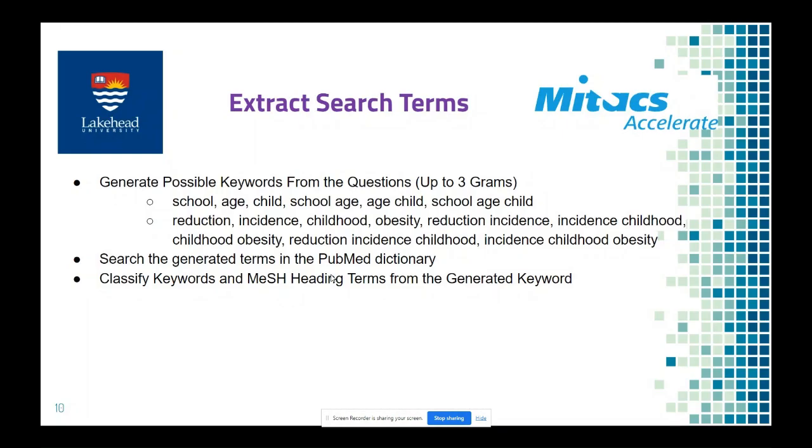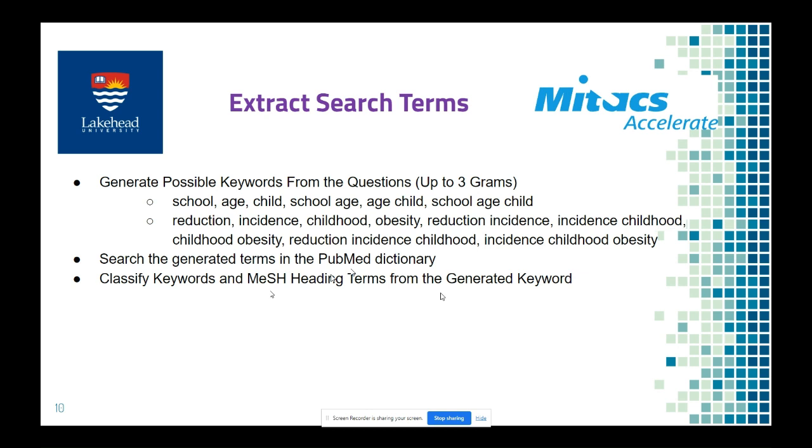Now we have the PICO elements. First we need to find the search terms, which we divide into two different categories: MeSH heading terms and general keywords. To decide which term is a MeSH heading term, first we need to split the sentences or questions into keywords.